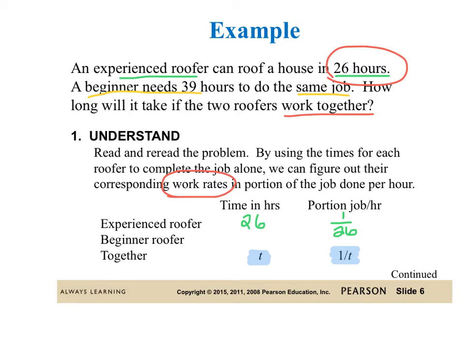And in the same way, the beginning roofer takes a total of 39 hours working alone, which means when he works alone, he can do 1 over 39 or 1/39th of the job in every hour. So we can use that fact to help us solve this.